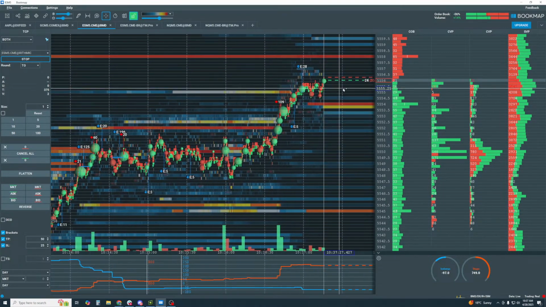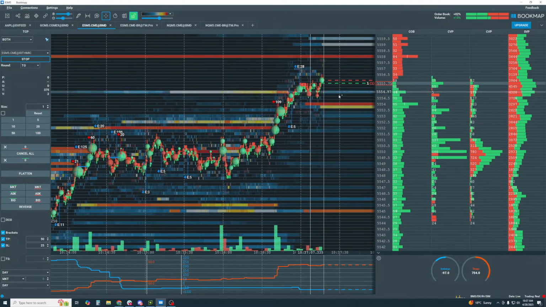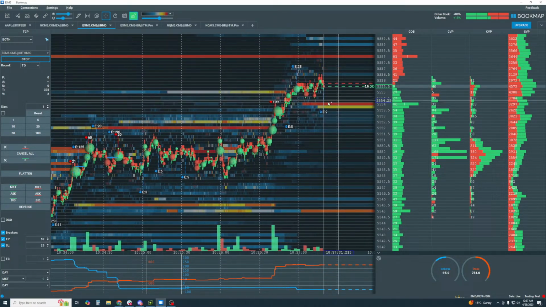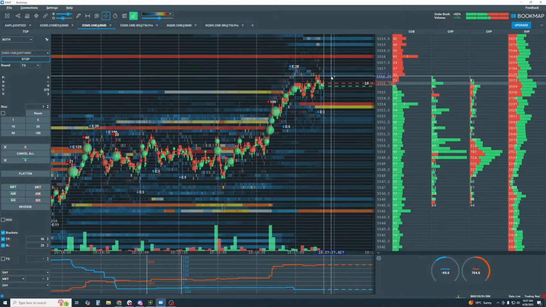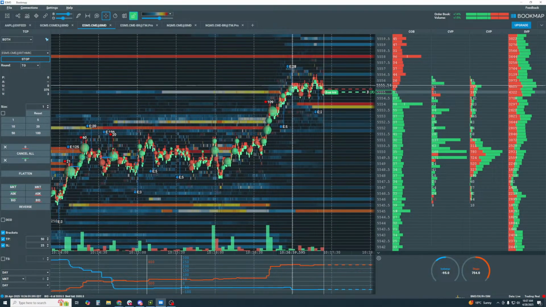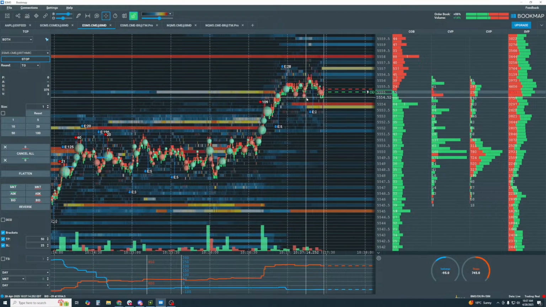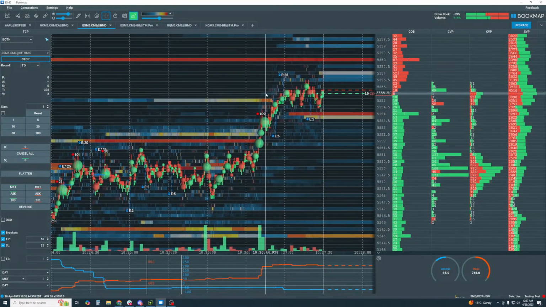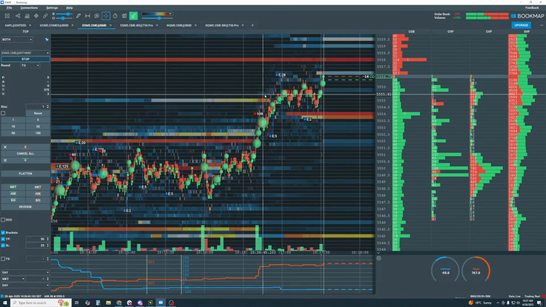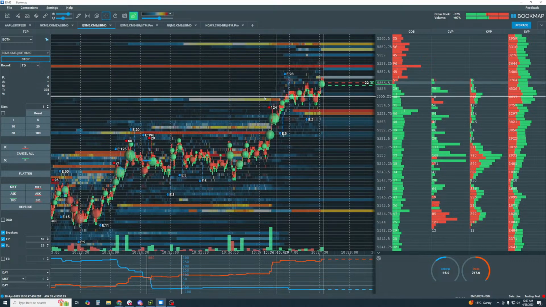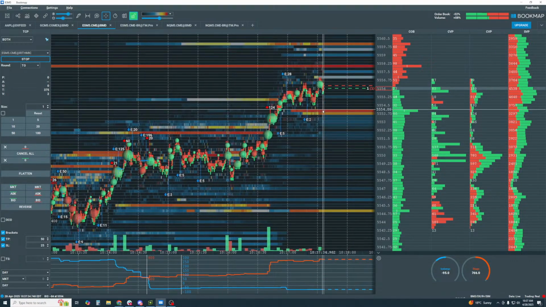Now, interesting question up here at the point of control, the most traded level in the profile for today: are we going to accept here and just chop around for a bit, or are we going to see someone take it in one direction or another? Still exploring higher.